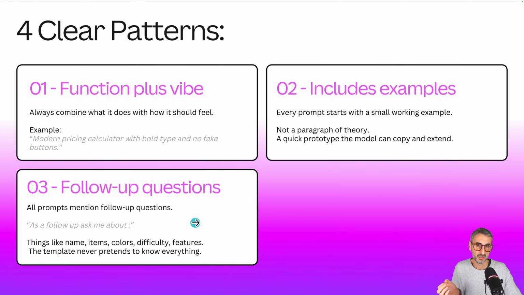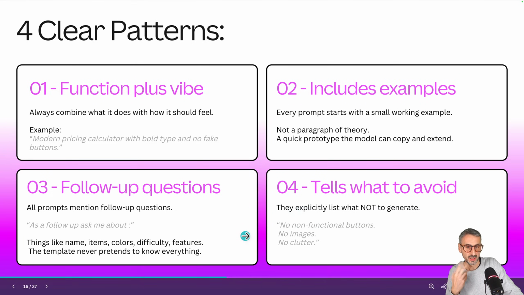The templates never pretend to know everything. They prefer to ask the user some questions to refine the prompts from the beginning, even before iterating the first version of the app or the game you are trying to build. So this is something to remember: have the model ask you some questions.